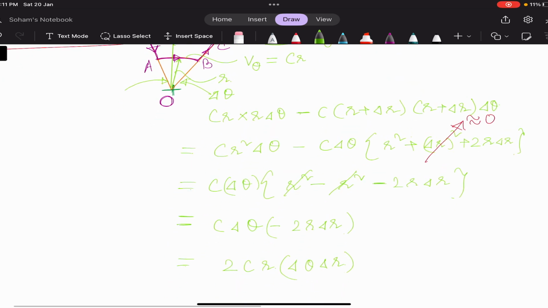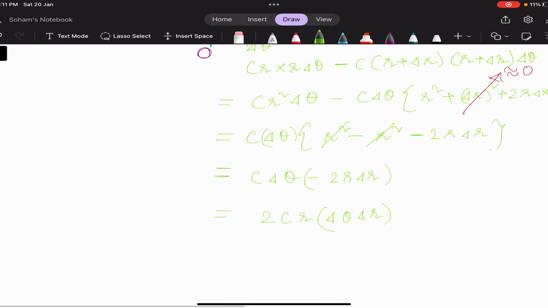So this is the circulation for the forced vortex.